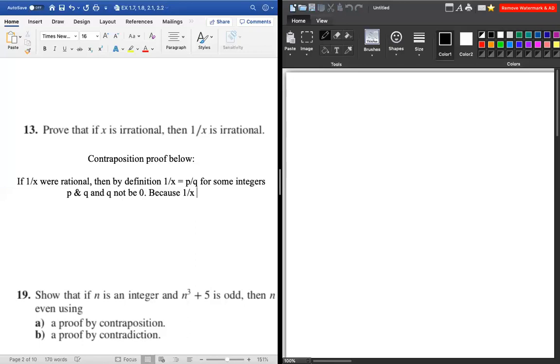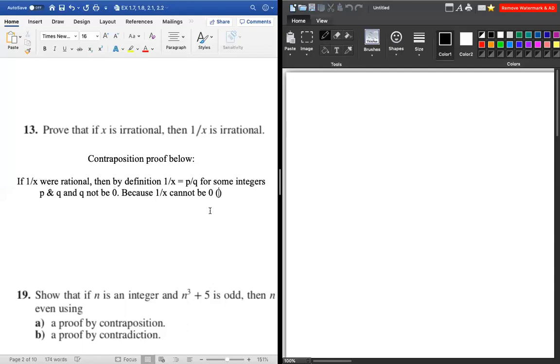Okay, so now because 1 over x cannot be 0, right? Because if it were, then we have the contradiction.